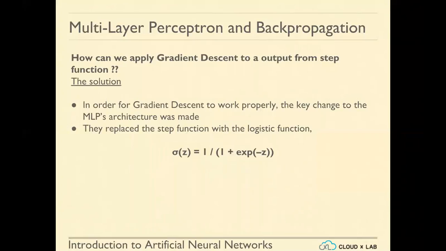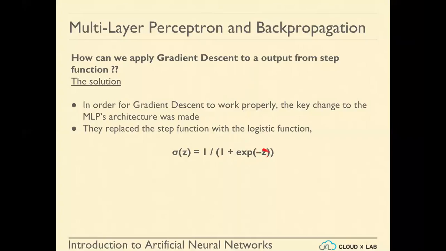The key change to the MLP architecture was made, and the step function was replaced with a logistic function. What is this function? 1 by 1 plus e to the power minus z, where e is nothing but a constant, 2.3 something.